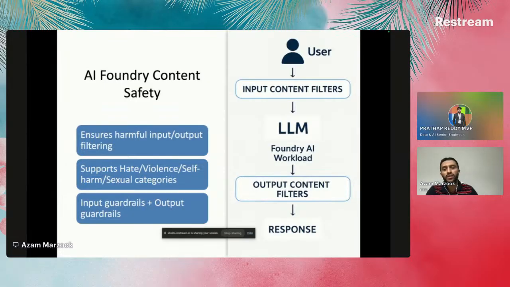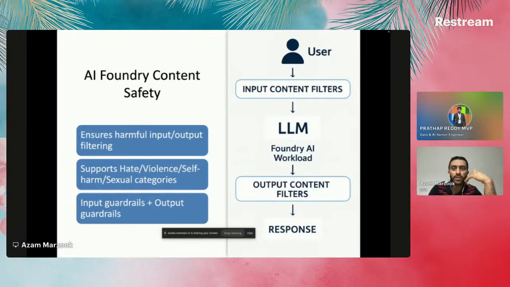So you can get any LLM and start utilizing that. But we are just going to look at AI Foundry's content safety options, which have guardrails to control your input content filters.